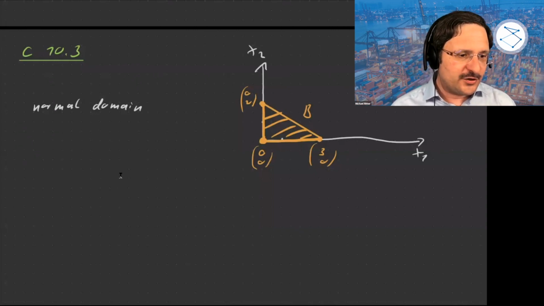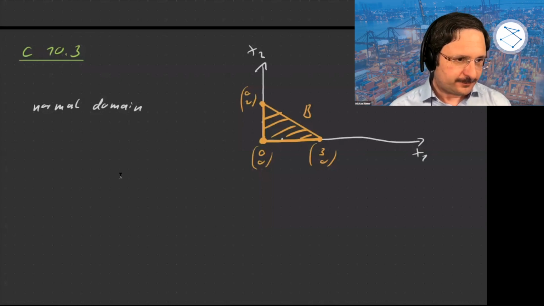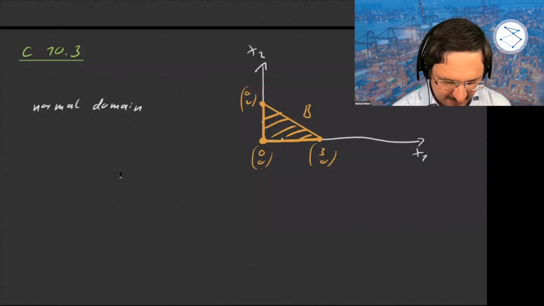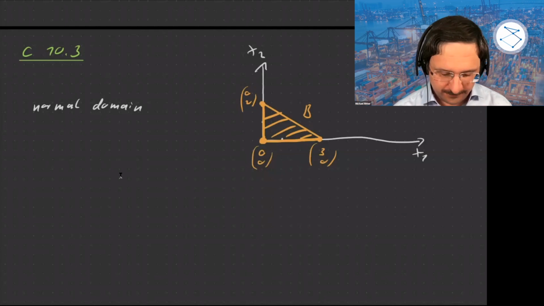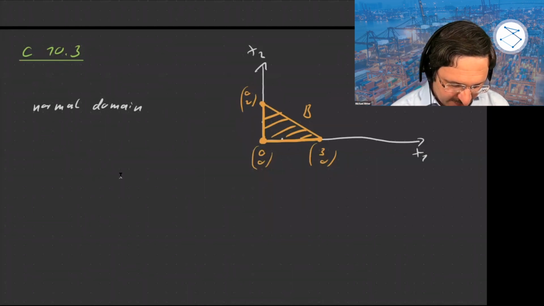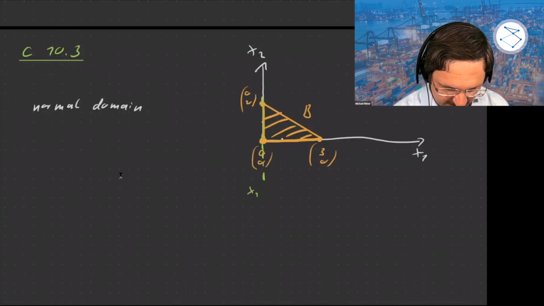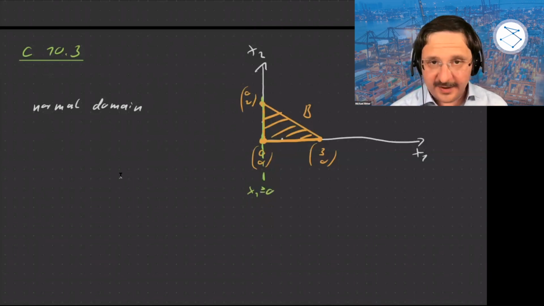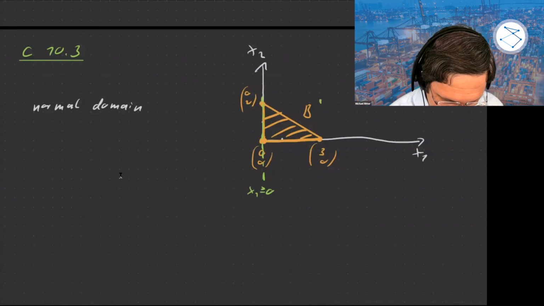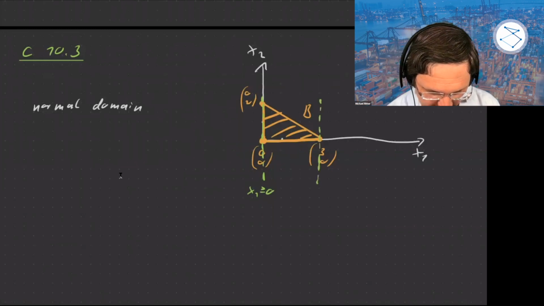So what can we do to describe this as a normal domain? For example, we could say, if we look at x1, then the range of x1 is bounded below by x1 equals 0. So this being a lower bound would of course mean x1 is greater or equal to 0. And the highest x1 value that we get is this one here.